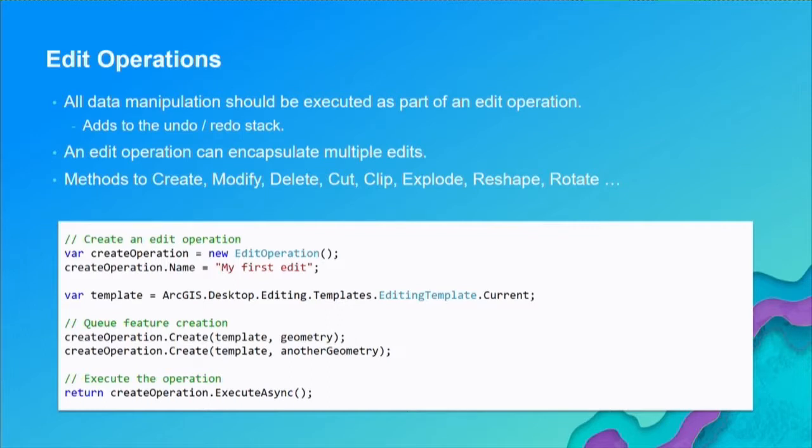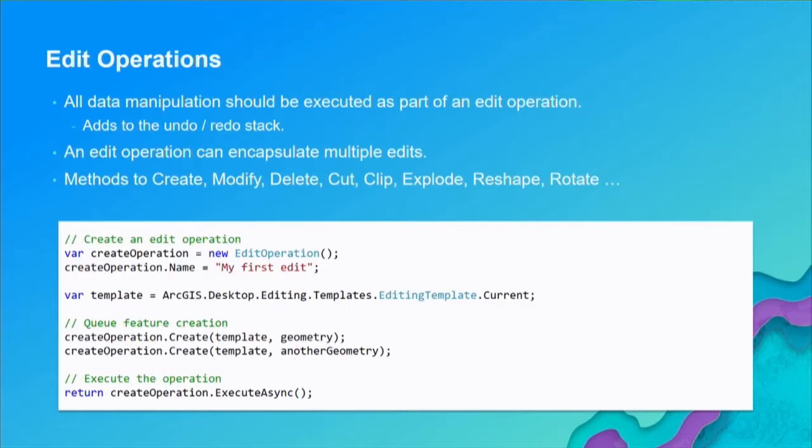So we're queuing this as part of our edit operation. We can add more actions into our queue. In this case, we're maybe doing a reshape on that one. And at the end we're saying, okay, whatever is in our edit operation, let's execute this. In this case, we're calling it async, so we're not blocking anything.